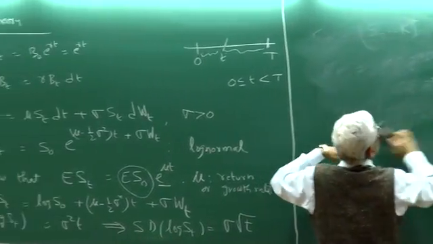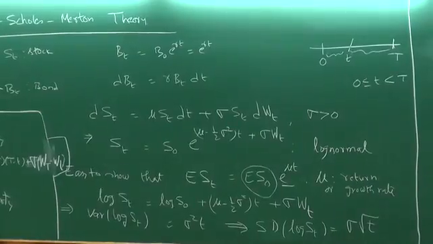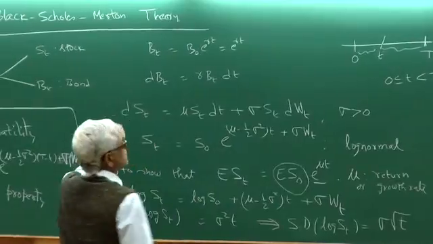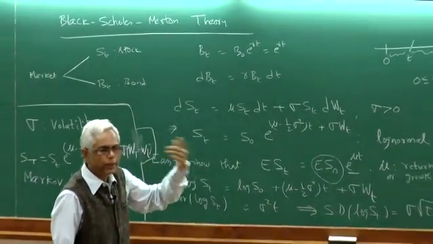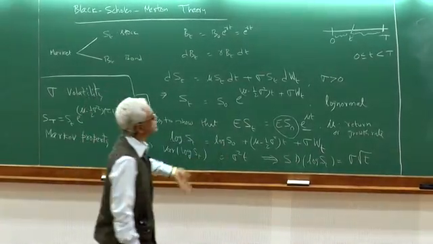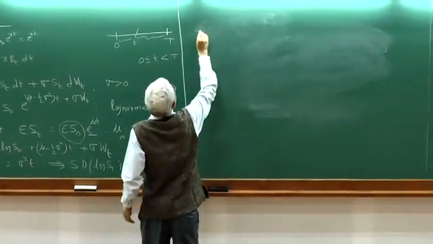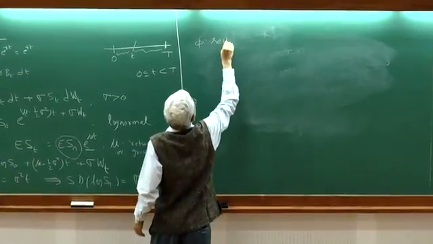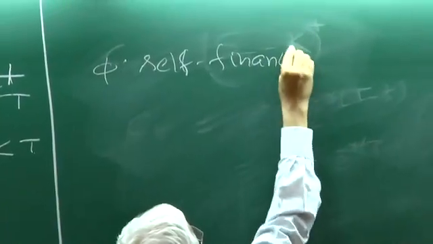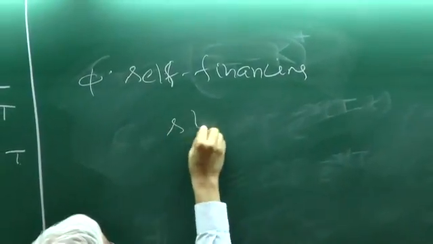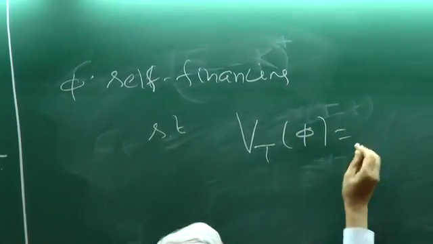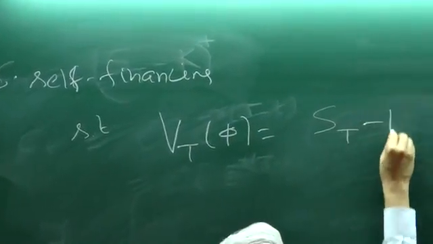Because the market is arbitrage free, what can happen? Now, what is the aim? The aim is to price the call, right? And how do I price it? By generating a self-financing strategy phi, such that V_T of phi is equal to (S_T minus K) plus.